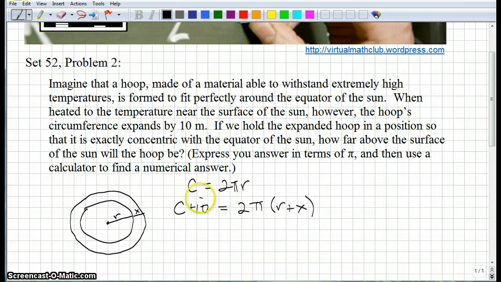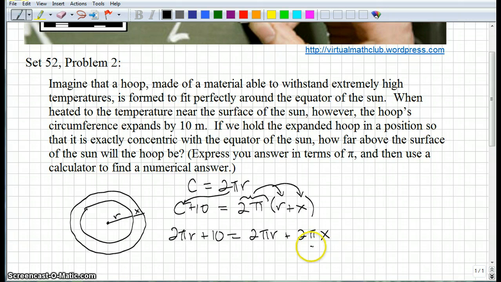So what I'm going to do is substitute, because I know c is equal to this, and I can just substitute it in down here. So wherever I say c, I can put 2 pi r. So I can say 2 pi r plus 10 is equal to, and I'm going to distribute this whole 2 pi inside the parentheses. That gives me 2 pi r plus 2 pi x. Well, let's combine like terms.